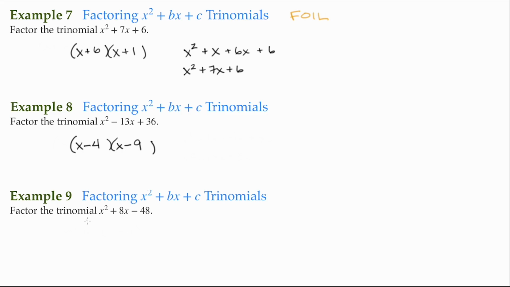So let's do this final example here. We have x squared plus 8x minus 48. So again, not all the terms are positive. We have a negative 48. There's only one way that when we multiply two values together, we come up with a negative, and that's if one of them is positive and one of them is negative.